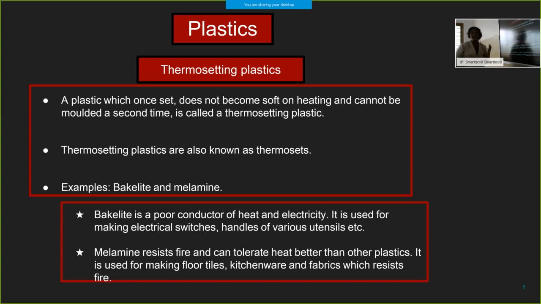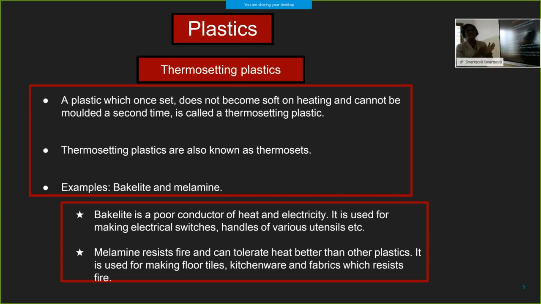Bakelite is a poor conductor of heat and electricity, so it is used in making electrical switches and handles of various utensils. Melamine is a fire resistant plastic. It is used for making floor tiles, kitchenwares, and fabrics which resist fire.